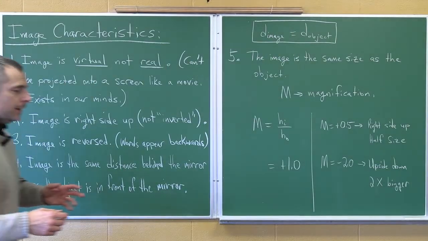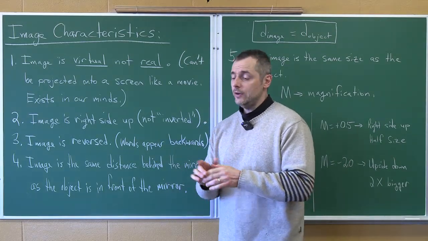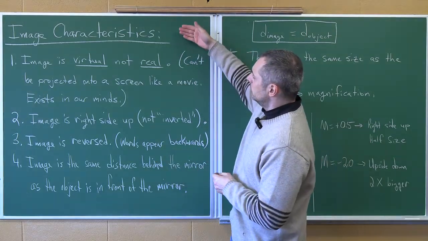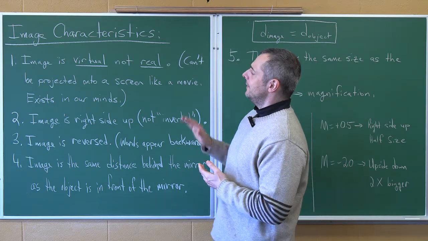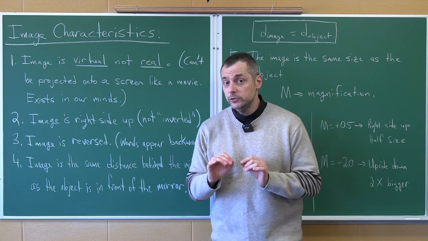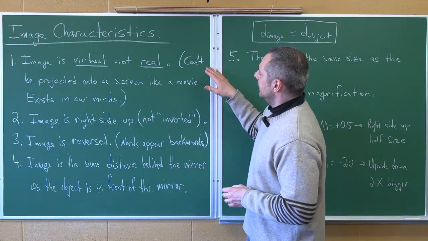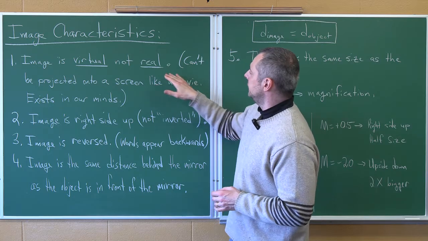All right, so here's the summary of what we saw with the mirror in the beginning of this video and with the ray tracing. So the image characteristics, this I didn't mention yet, but the image is what we call virtual and not real. What do we mean by that? A real image can be projected on a screen.